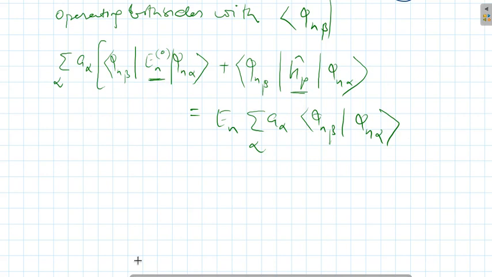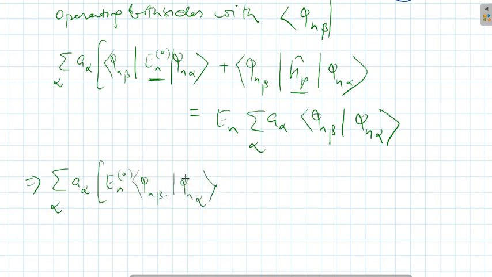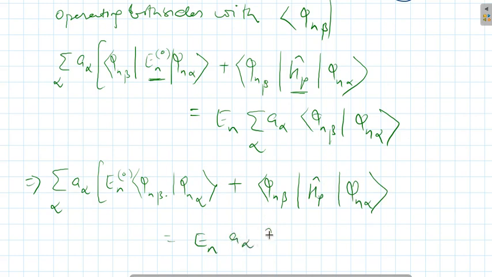If I take it outside, then it means it is summation over alpha, A alpha, En naught, phi n beta phi n alpha, plus phi n beta HP phi n alpha, and it is equal to En A alpha, phi n beta phi n alpha, right? So that's what will happen.